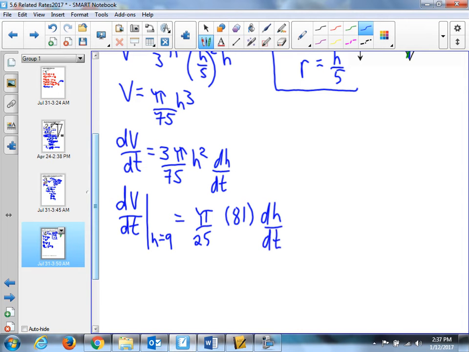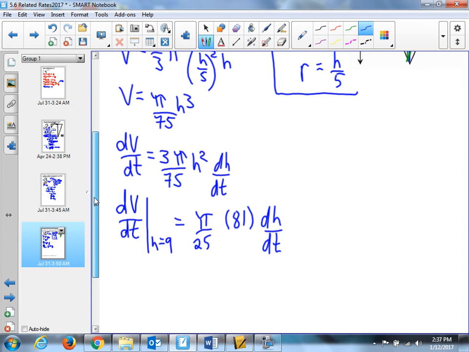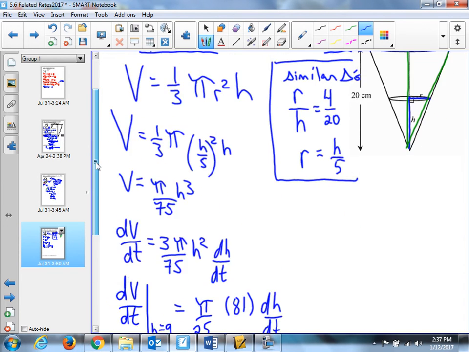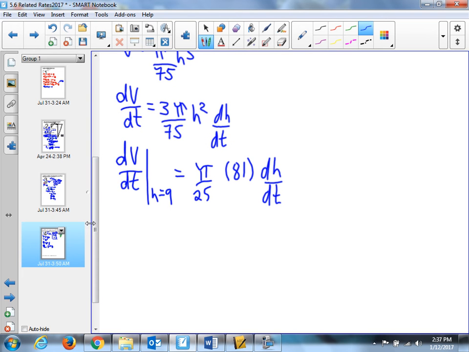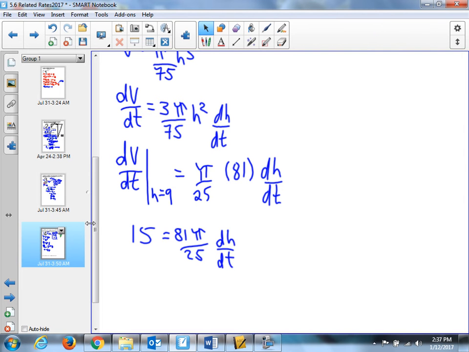However, we actually have a value for dV by dt that was given. 15, right? So 15 is equal to this, and now we can solve for dH by dt.